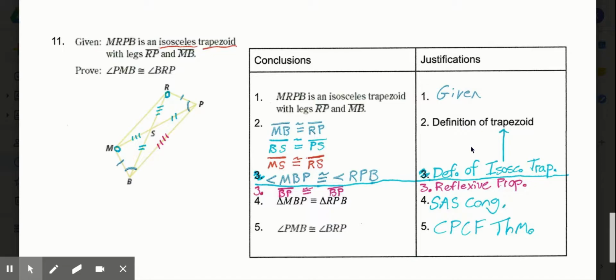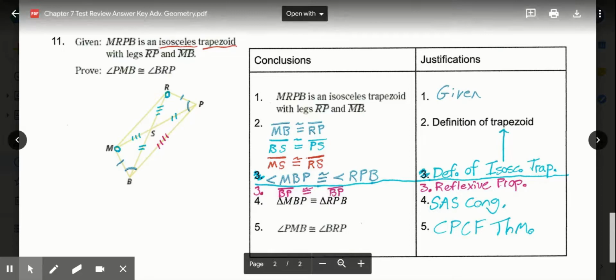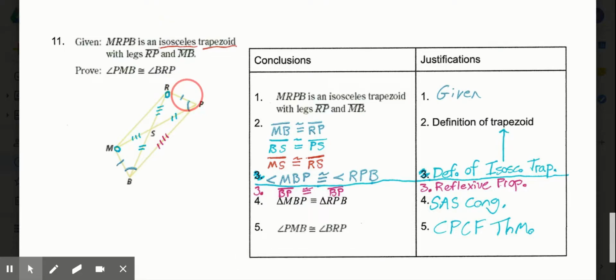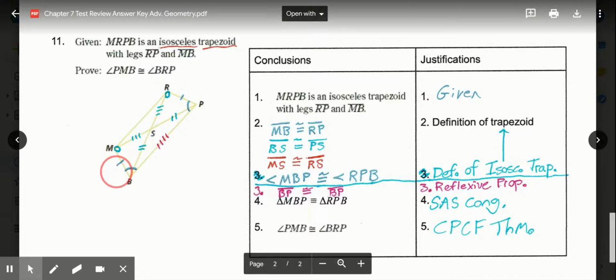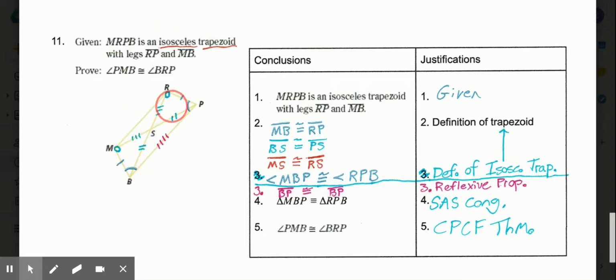Then using the definition of an isosceles trapezoid, we can identify many other corresponding parts. We know in an isosceles trapezoid by definition, our legs are congruent. So we know RP is congruent to MB. Then because it's an isosceles trapezoid, we know that the diagonals, the corresponding parts are congruent, meaning BS is congruent to SP and RS is congruent to SM.